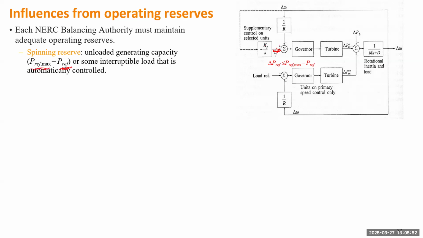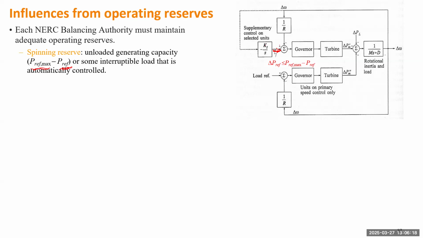That upper limit will be the maximal PREV. So the gap will be the spinning reserve. For instance, if right now the generator is generating 100 megawatts, but you can increase up to 150 megawatts without causing any violation or reliability issues, then 150 will be PREV maximum, and 50 megawatts will be spinning reserve.